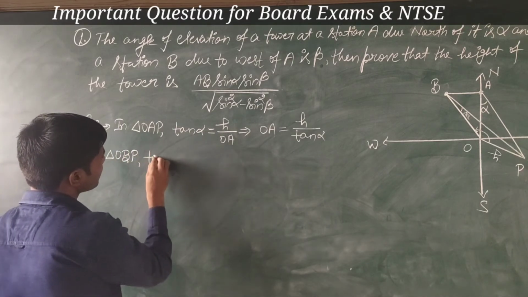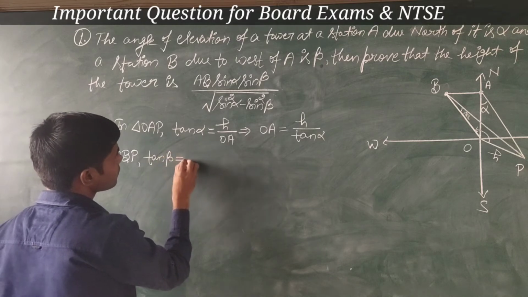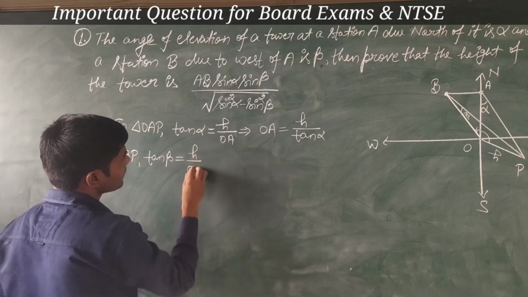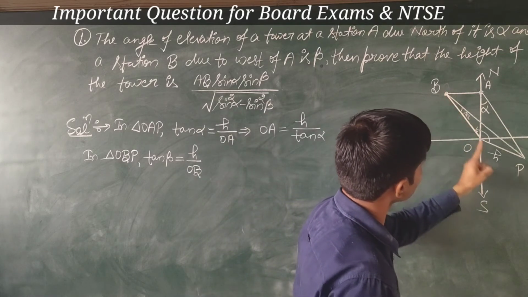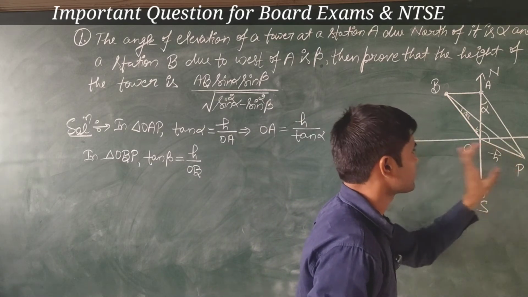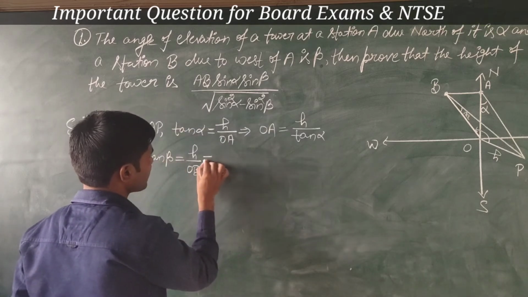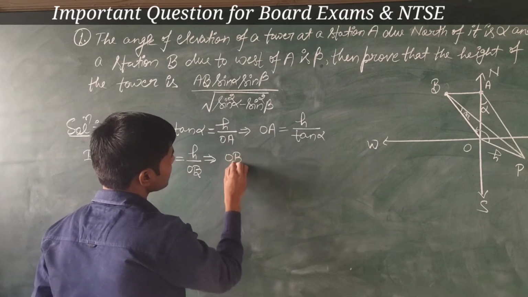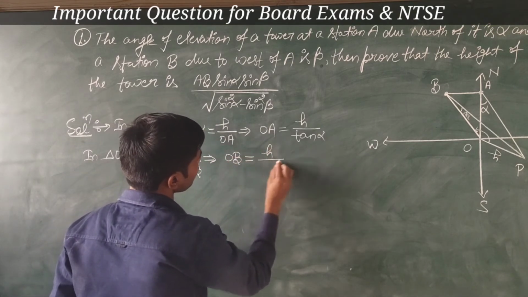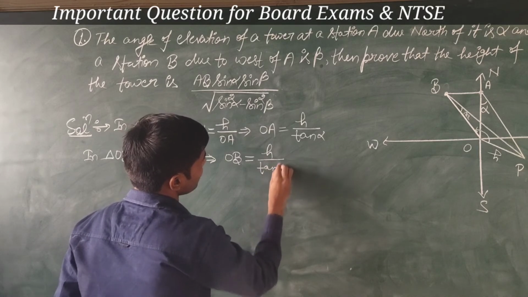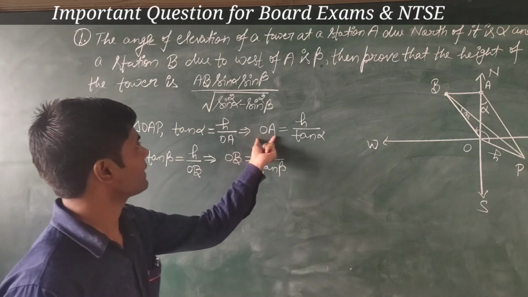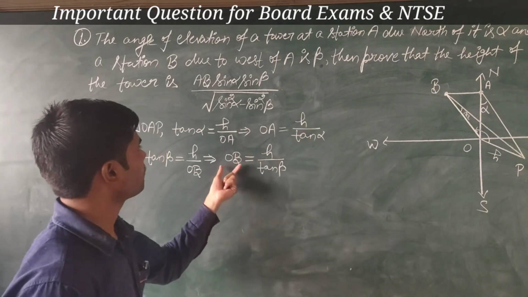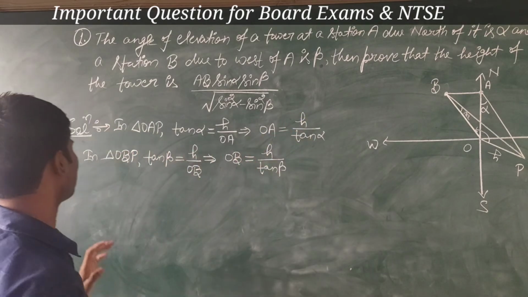So we can write tan beta is equal to h upon OB. In this triangle OB is the base and the perpendicular is the same OP. So OB is equal to h upon tan beta. Now we have these two values: OA is equal to h upon tan alpha, and OB is equal to h upon tan beta.